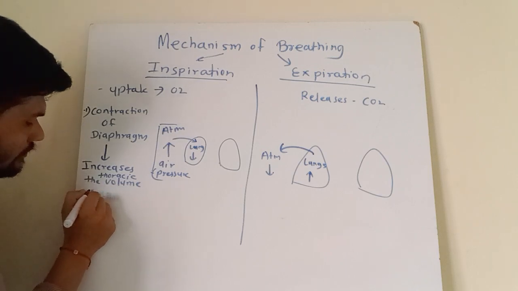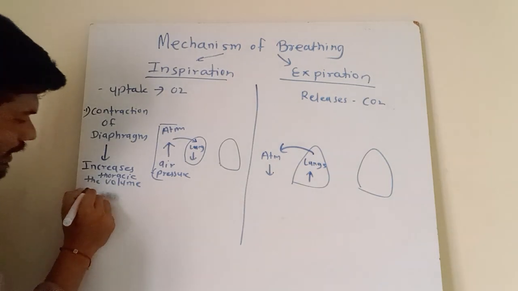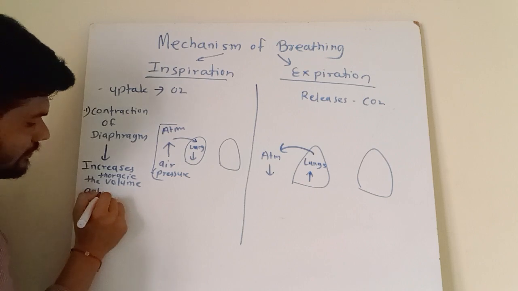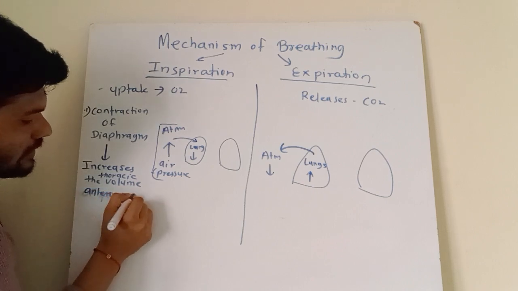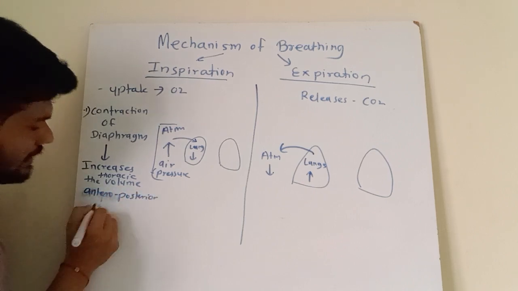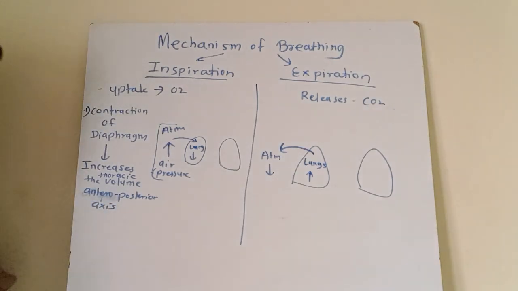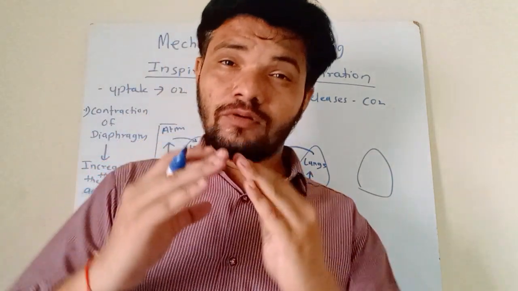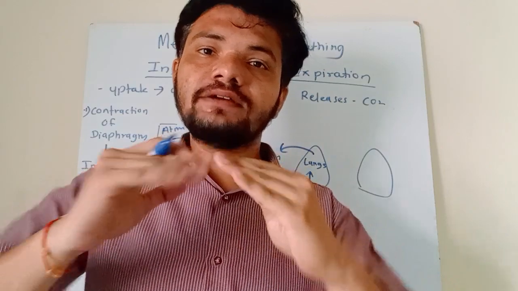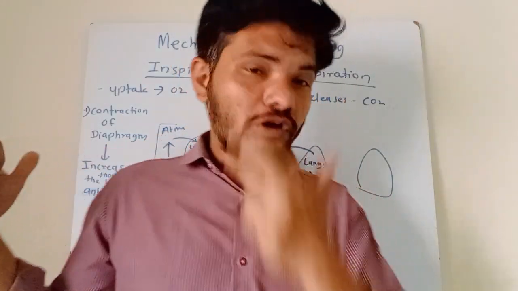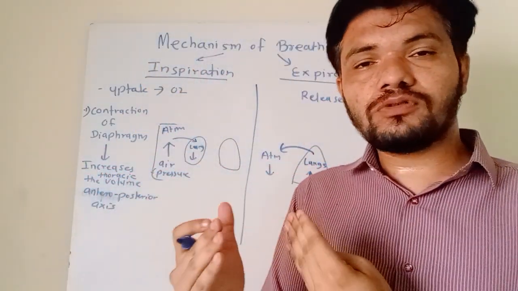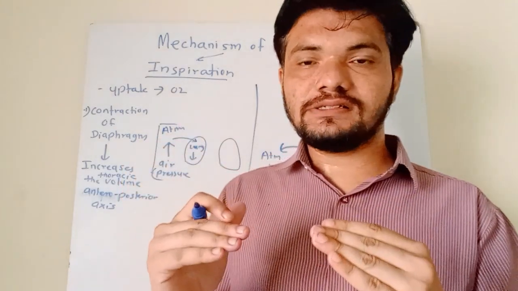How? In the antero-posterior axis. When your diaphragm is contracting, your thoracic volume in the anteroposterior axis will increase.